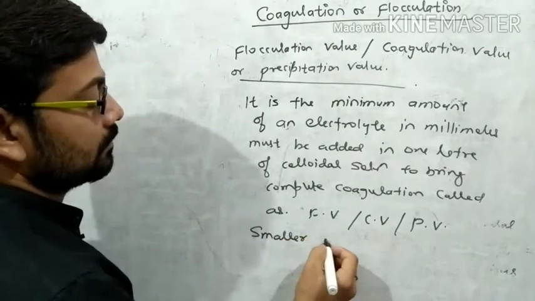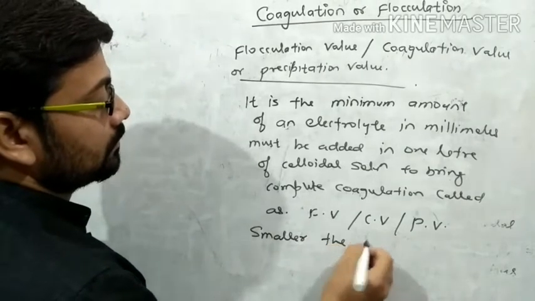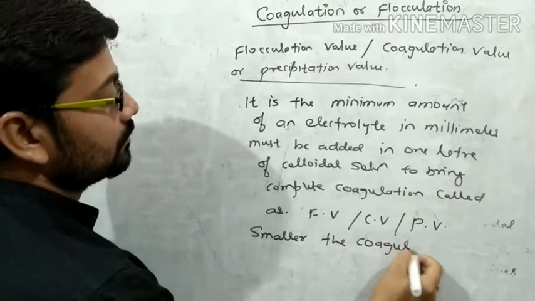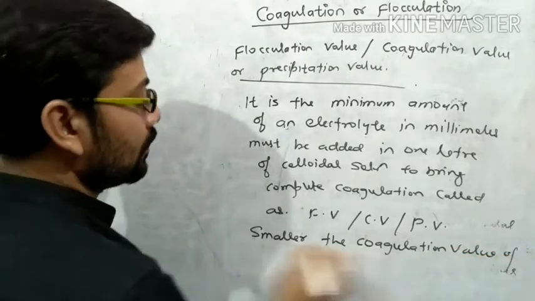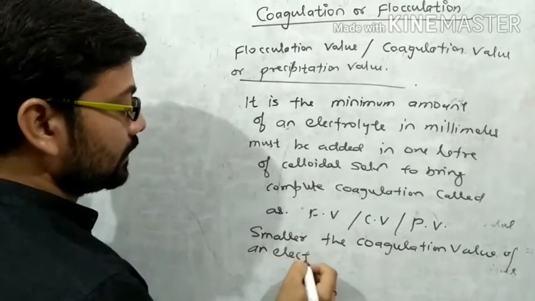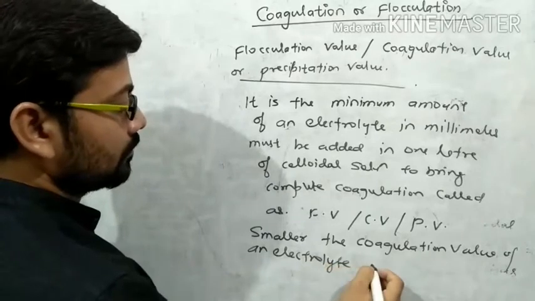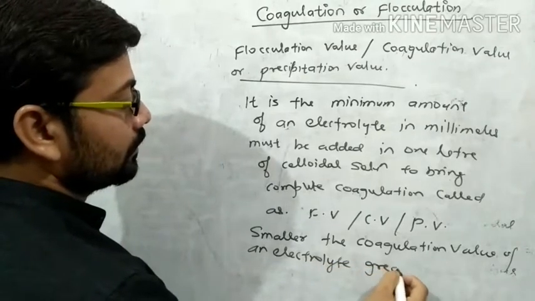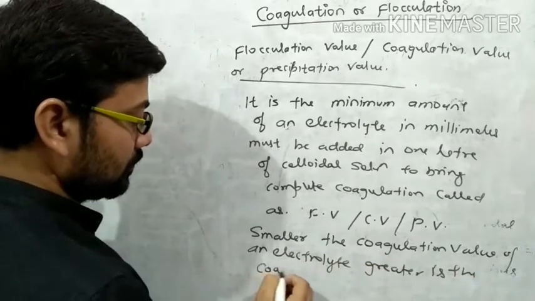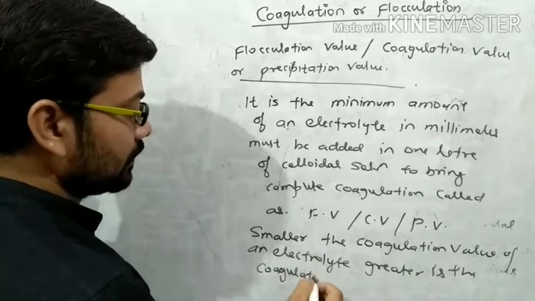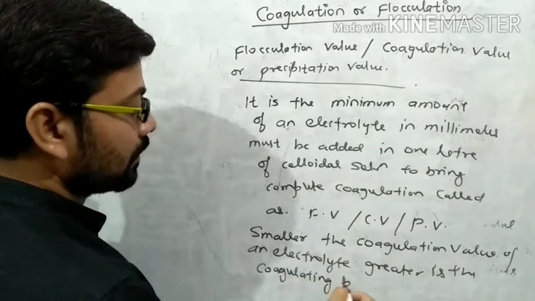Smaller the coagulation value of an electrolyte, greater is the coagulating power.